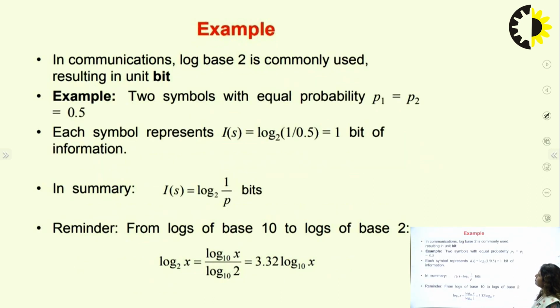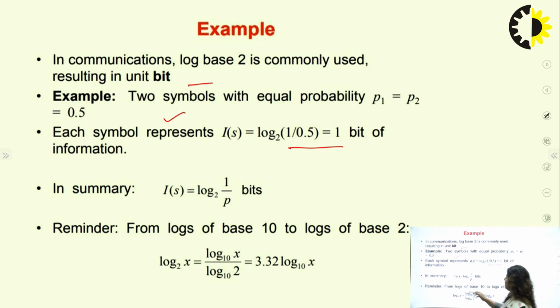We can see this from an example. In communication, log base 2 is commonly used, resulting in the unit bit. For example, two symbols with equal probability, P1 is equivalent to P2 is equivalent to 0.5. Each symbol's information content is log 2 1 upon P, that is log 2 1 upon 0.5, which is equivalent to 1 bit of information.